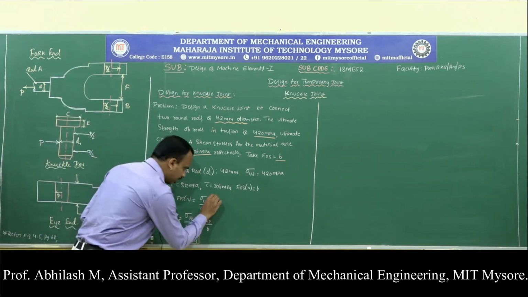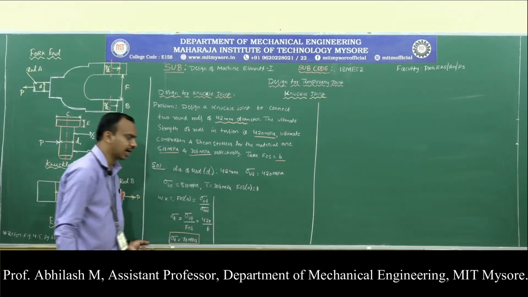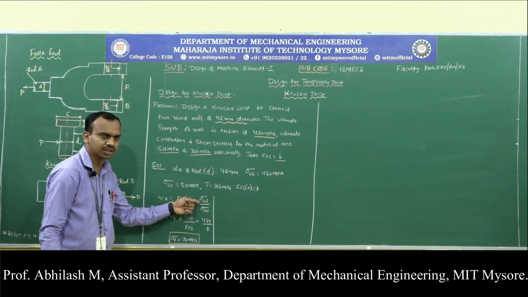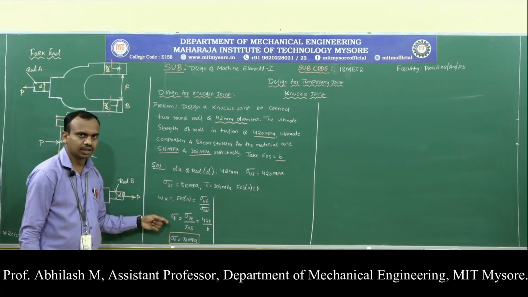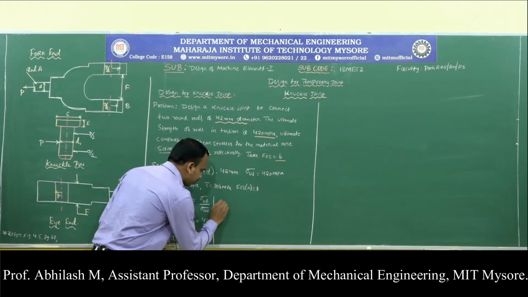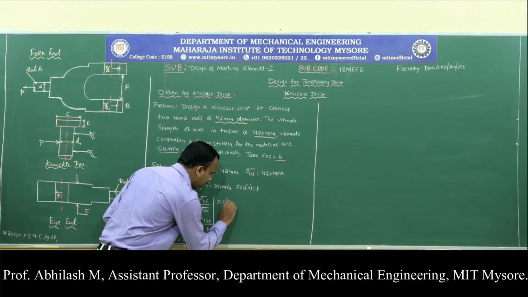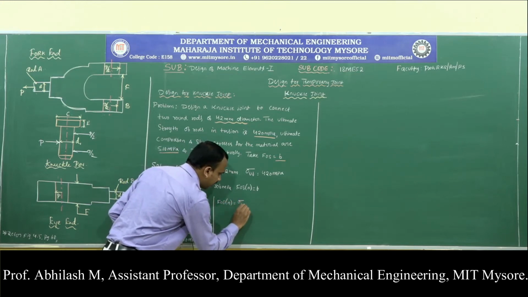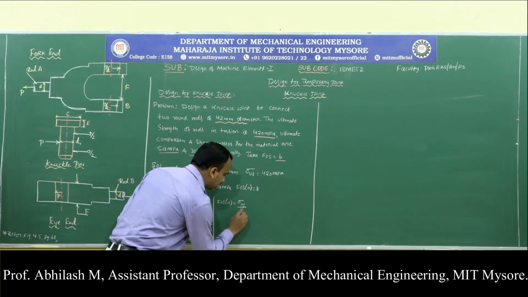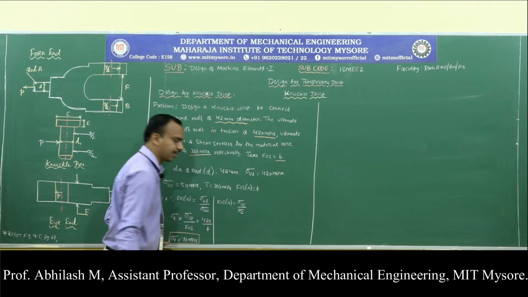Now again I am supposed to calculate the allowable compressive stress, sigma C. This was tensile stress, so what will be the compressive stress? The factor of safety N is equal to the ultimate compression strength divided by sigma C, that is the allowable stress due to compression.